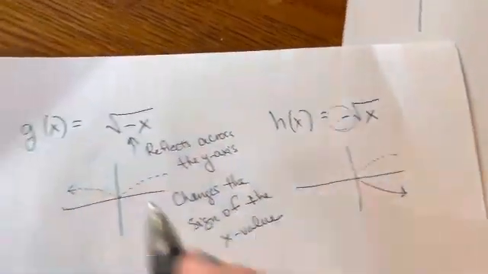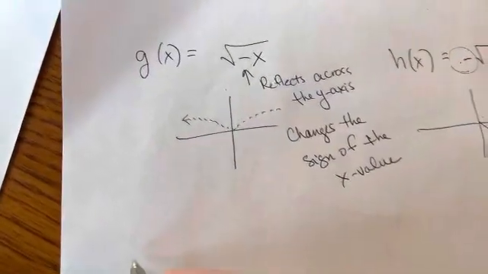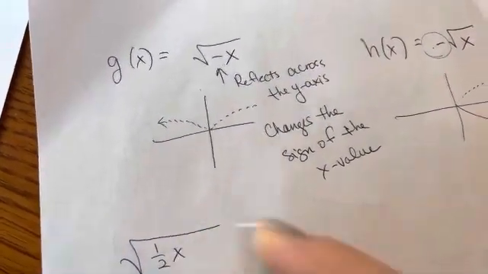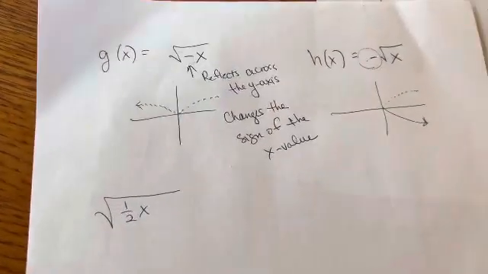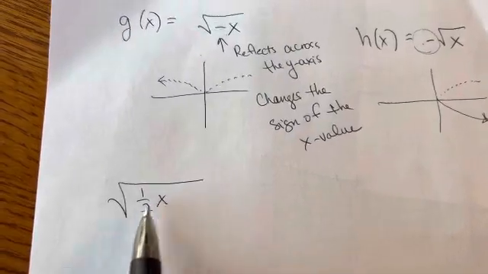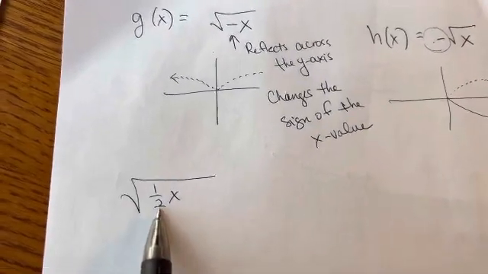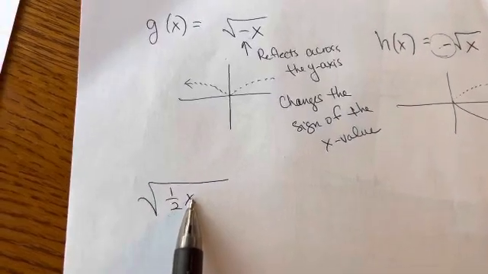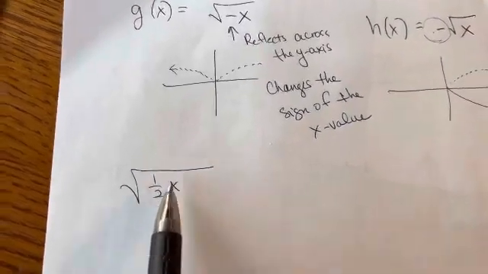Now, if you have a value on the inside, this is what's really crazy. Let's say I have the square root and I do this. Okay, that's gross. Remember, if it messes with your x, you would think it would take half the value of x. What it's going to do is the opposite, and it's going to double the value of the x.